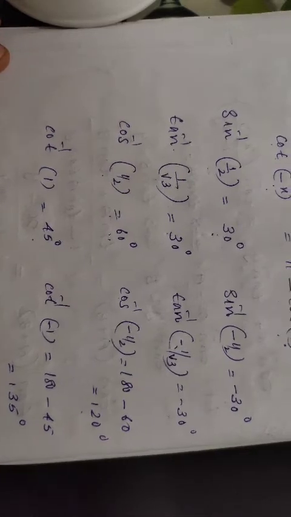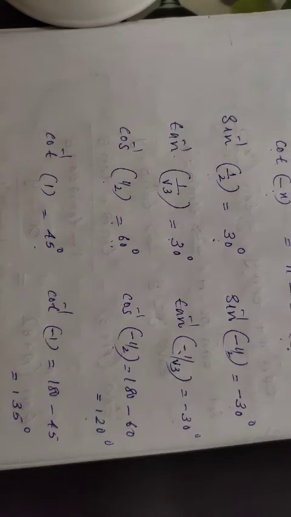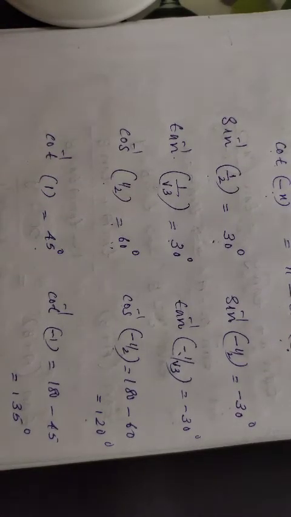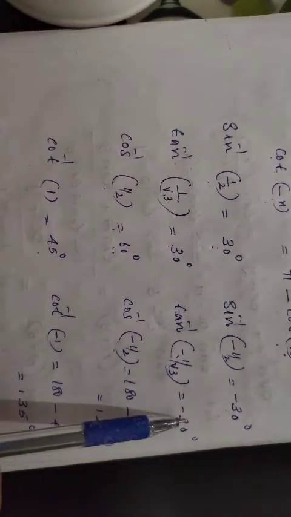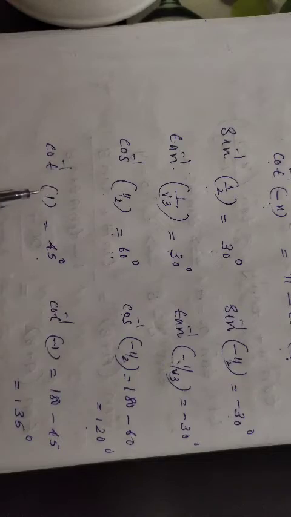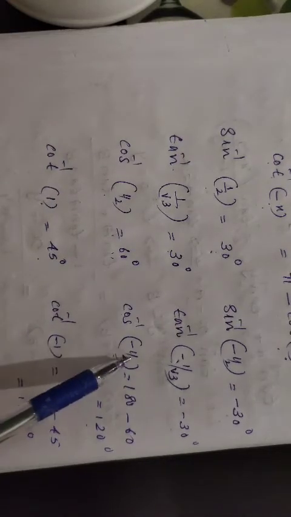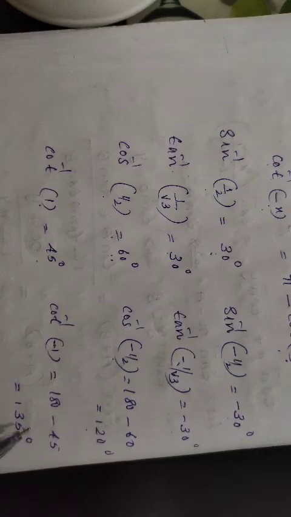And this question is very, very important. Find the principal solution. In the case of sine, cosec and tan, you know the property: if the question value is negative, the answer is direct negative. In the case of cos, sec and cot, if the question value is negative, the answer is not negative, it is 180 minus the value.